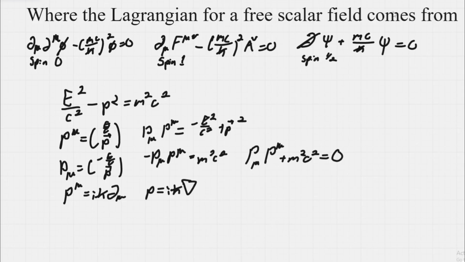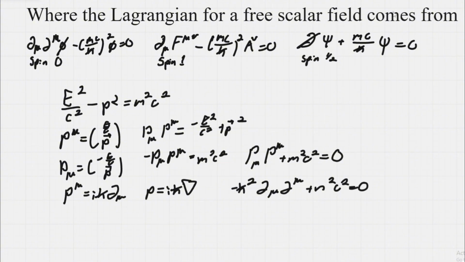If we plug that in here, we get negative h bar squared ∂_μ ∂^μ plus m squared c squared equals 0.